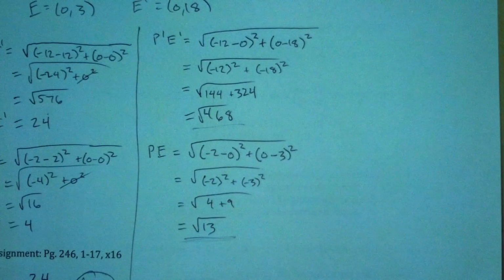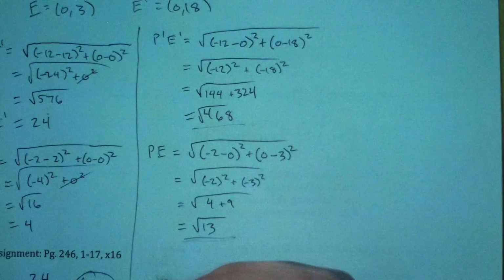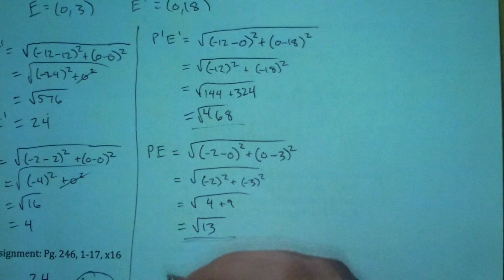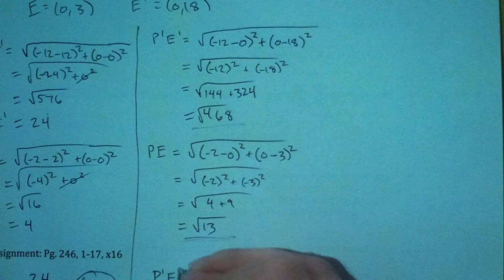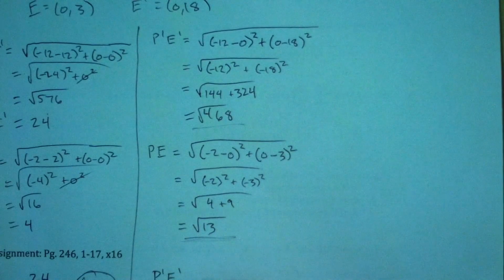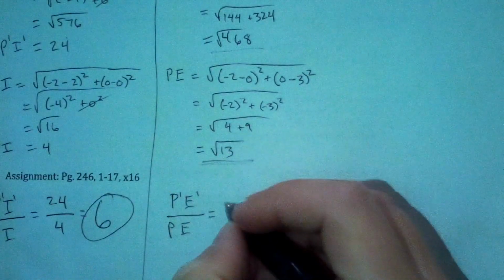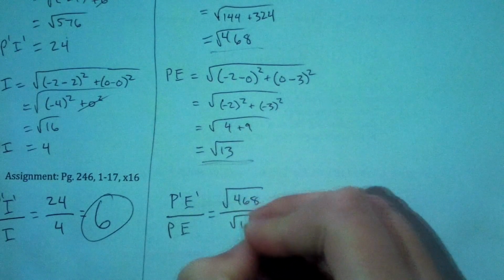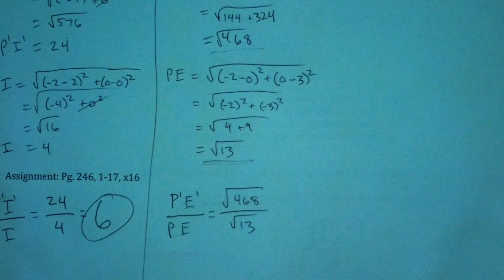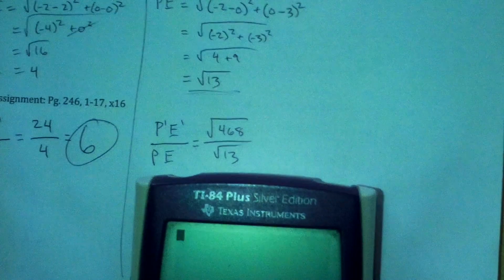And again, we'll keep it exactly as that. So we'll go I prime E prime, divided by IE, which would be square root of 468 divided by square root of 13, which is just what we had on our calculator, so that'll also kick out a 6. The ratio should always come out to be the same thing as your size change value. It's kind of a lot doing all that distance formula stuff out, but that's just distance formula.